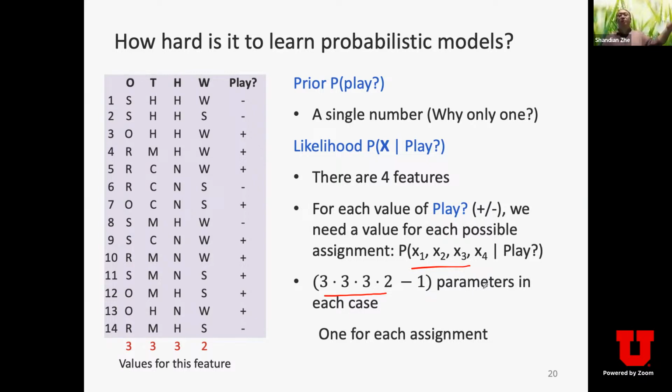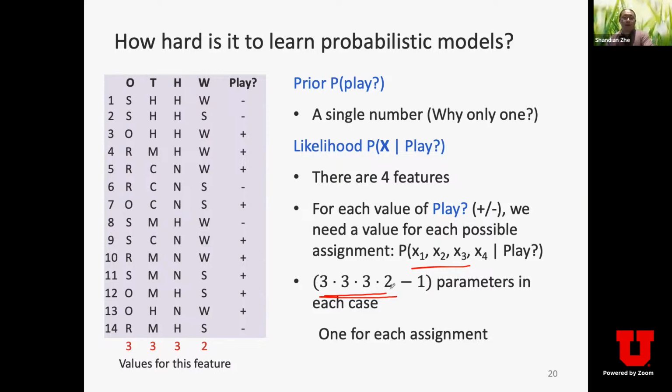Because the probabilities add up together to 1. You take the different possible configuration settings of these 4 features, and the summation of the probabilities over all possible configurations will be simply 1. So you only need to determine the total number of possible configurations minus 1 parameters. But this many parameters is still quite large, right?